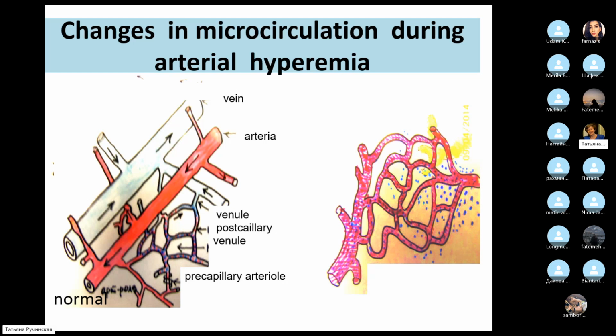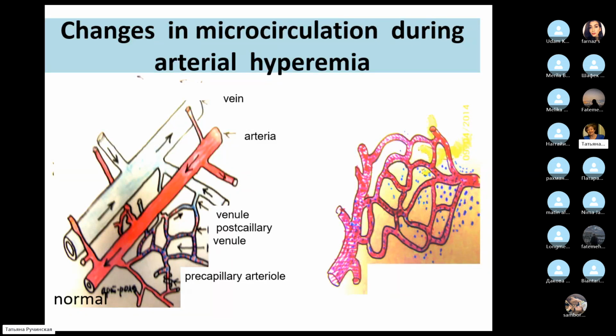So, if there is arterial hyperemia and we notice that all the vessels, arterioles, the same as venules, dilate, so more blood volume comes to the periphery, to the skin, for example. If you look at the right picture, you see that the venous part of the microcirculation has the same bright red color.